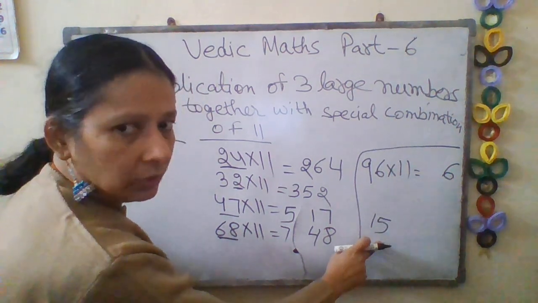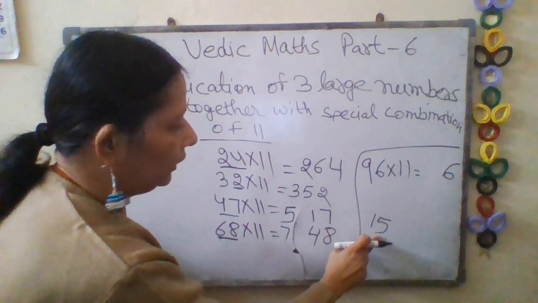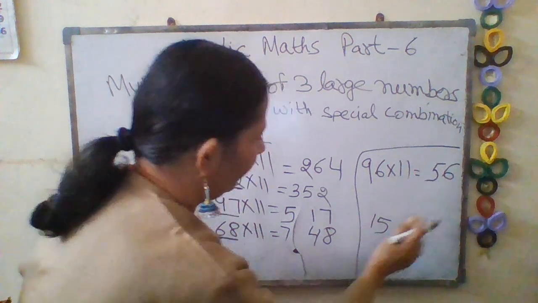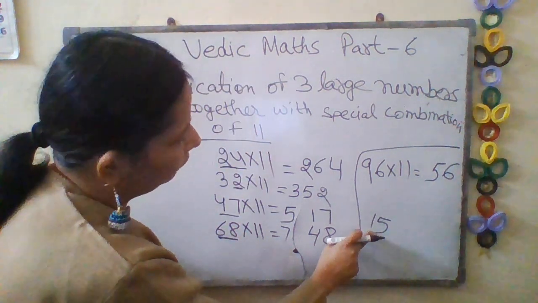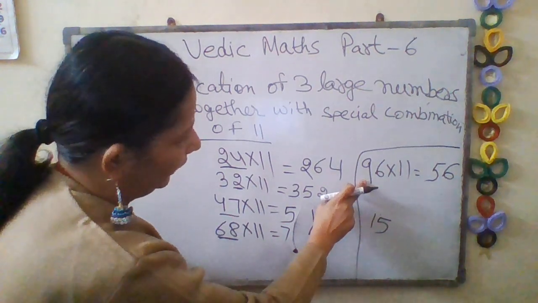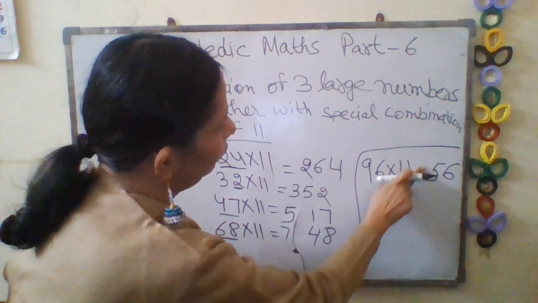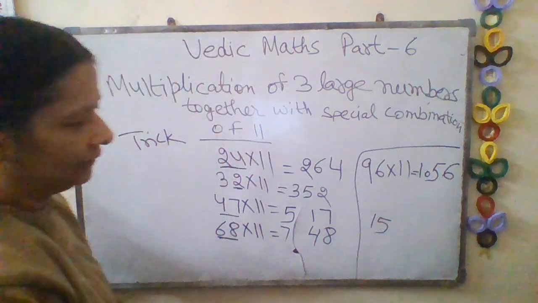But 15 is a two-digit number, so you will not write down 15. Only the digit at the unit place, 5, you write down here and 1 will be carried forward. And what will you do with this 1? You will add this 1 with this 9. So 9 plus 1 is equal to 10. So you can write down 10 here. So this 1056 is your answer.